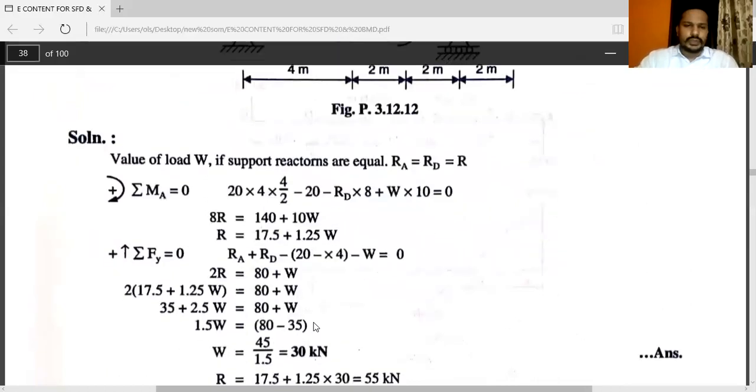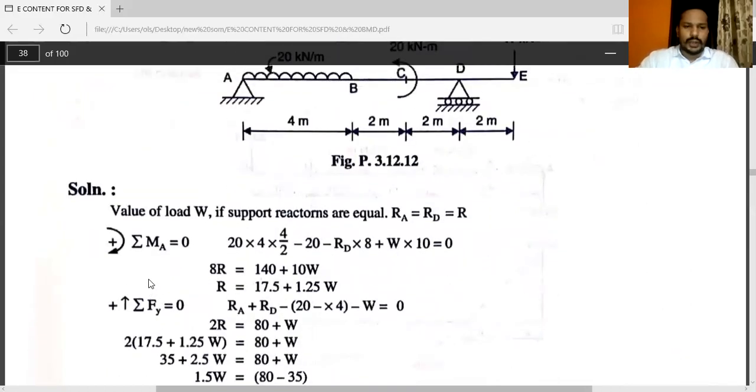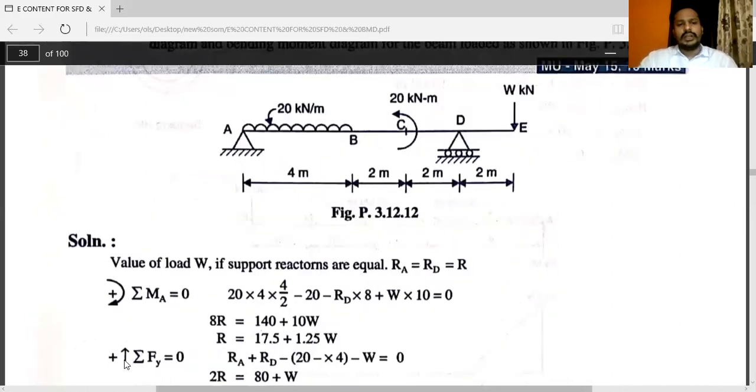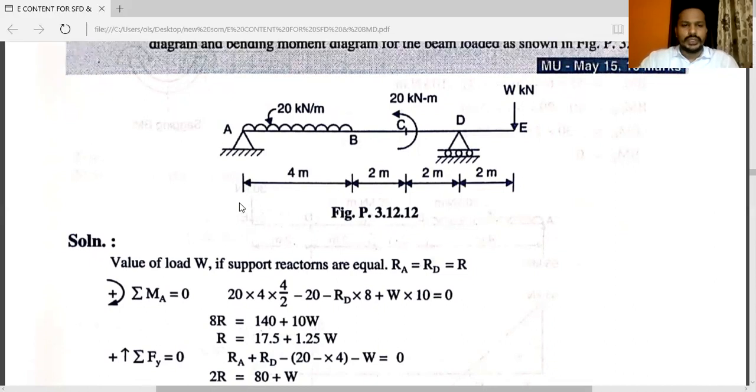So the next and very important point, that is summation of Fy is equal to 0. So here RA moving towards upward direction, so positive RA, plus RD is also positive. So plus RD.